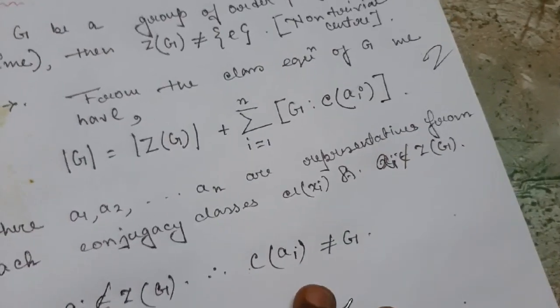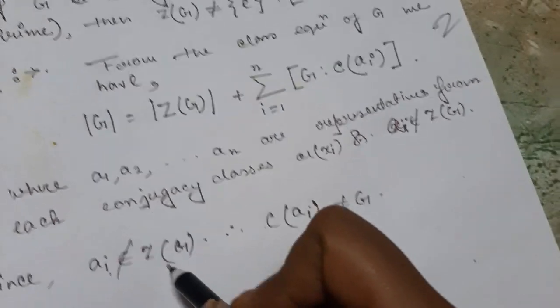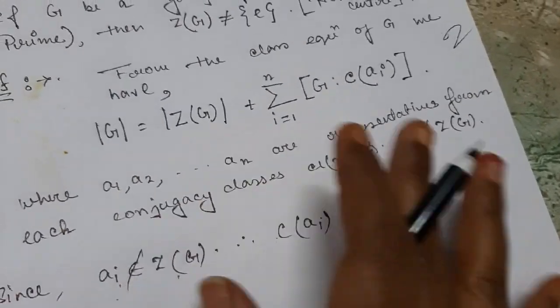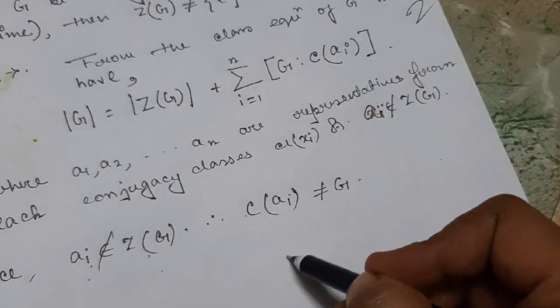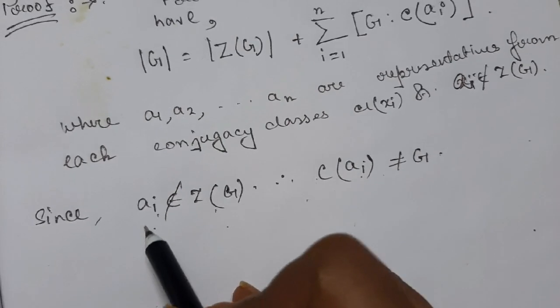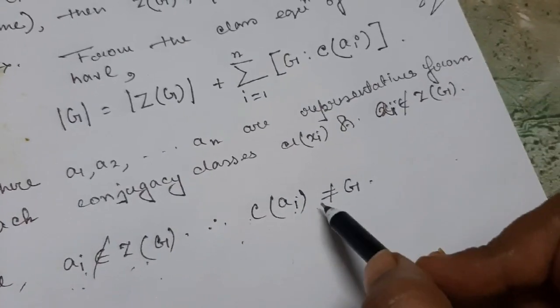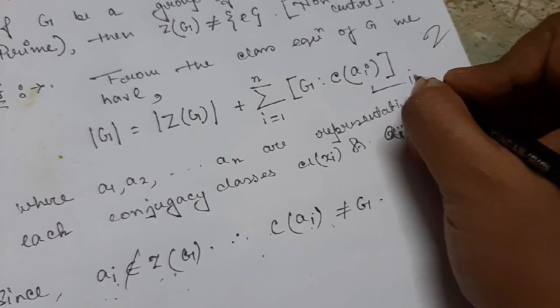I hope it is clear, because if Ai belongs to ZG, then Ai will commute with all the elements of G. That means all the elements will commute with Ai, so C of Ai becomes G. So if Ai does not belong to ZG, then definitely C of Ai is not equal to G. Now I am giving this class equation as number 1.